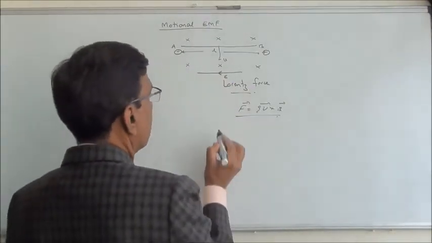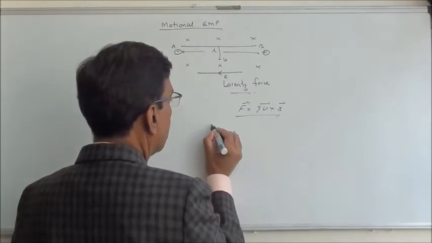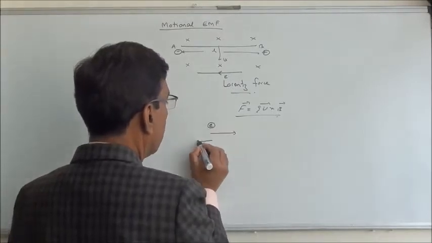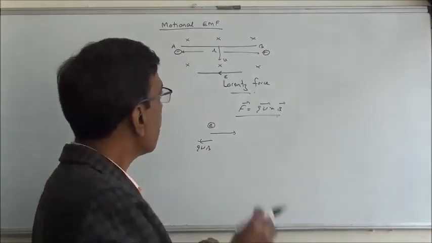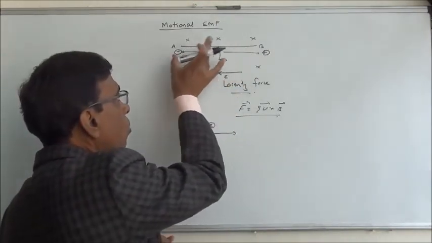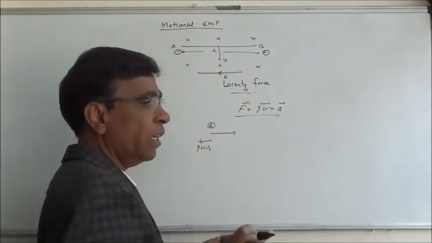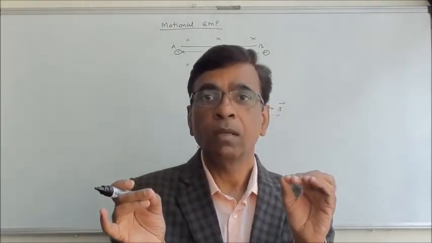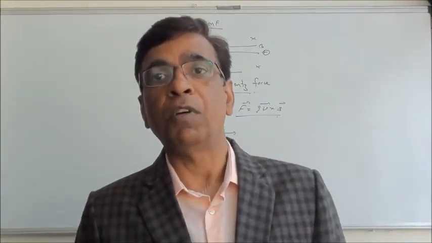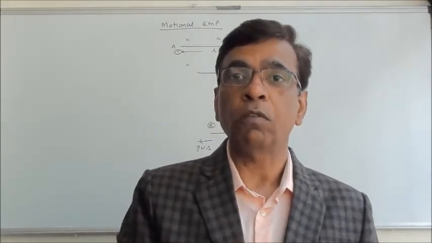So it means electrons experience force QVB in this direction, and when due to this movement this electric field starts developing between the two ends, then this electric field will stop the motion of electrons.